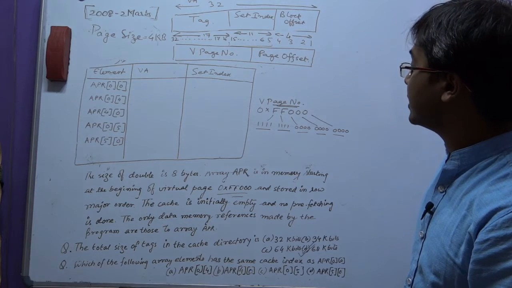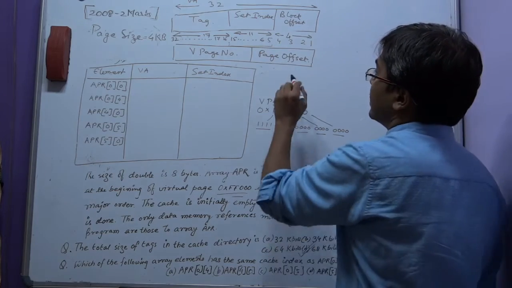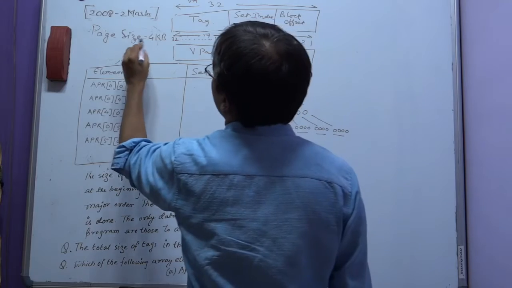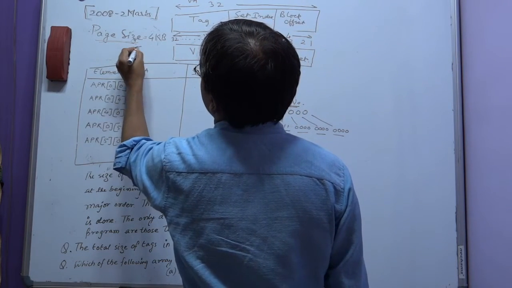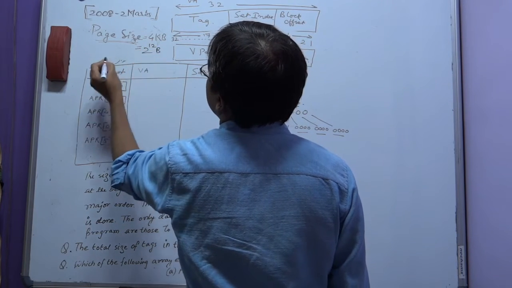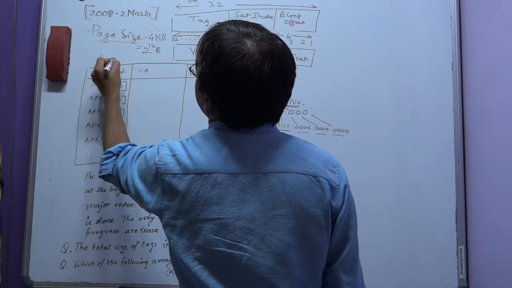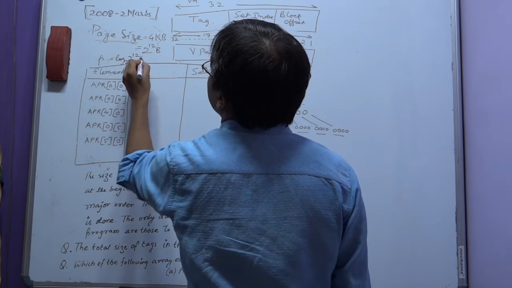How can we calculate that the virtual page number is indeed 20 bits wide? By knowing the size of the page offset, and that can be known from the page size. Page size is given as 4 kilobytes, that can be written in powers of 2 as 2 to the power 12 bytes, and the page offset size is given by log base 2 of page size, that is 2 to the power 12.